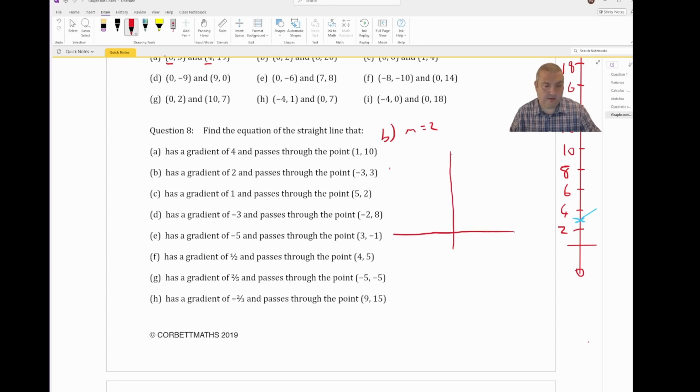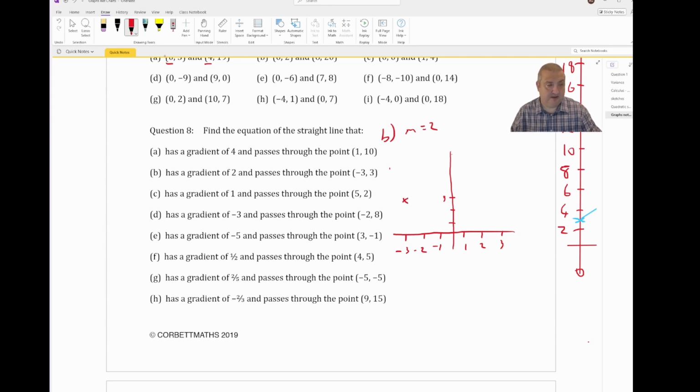So I'm going to go 1, 2, 3. This is -3, -2, -1, 1, 2, 3. And it's saying when x is -3, then y is 1, 2, 3. Is here. And y is 3. So it definitely passes through this point there.